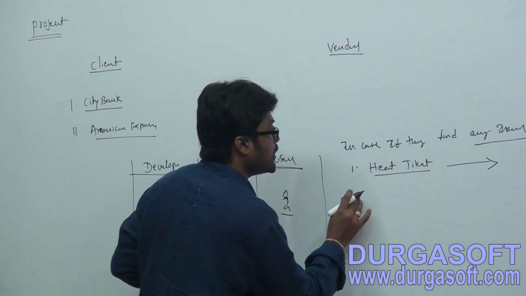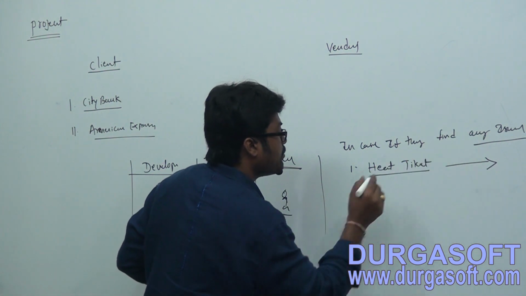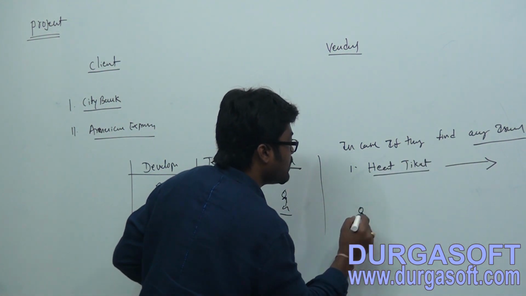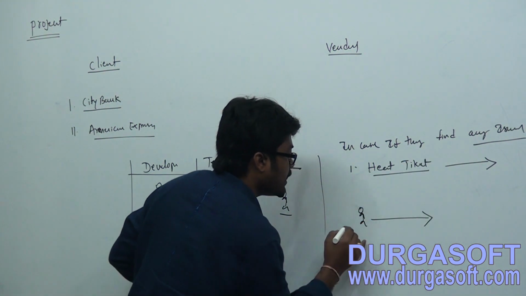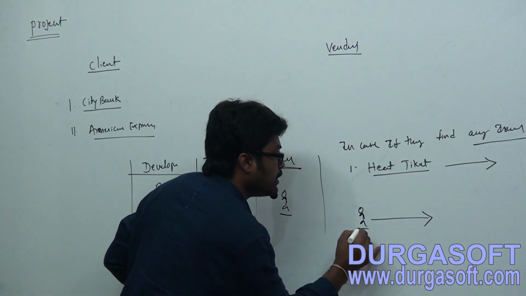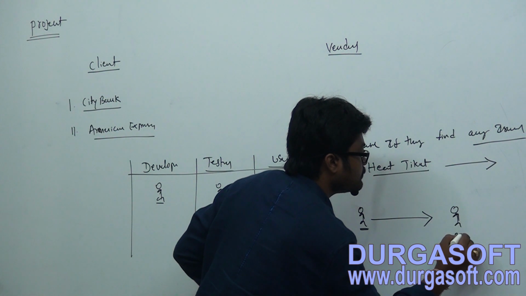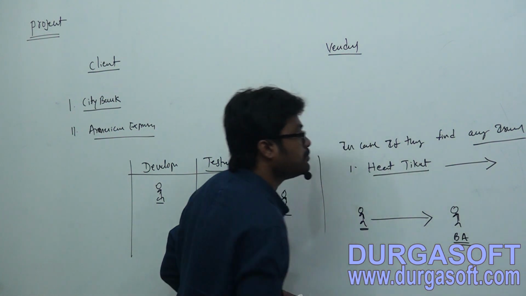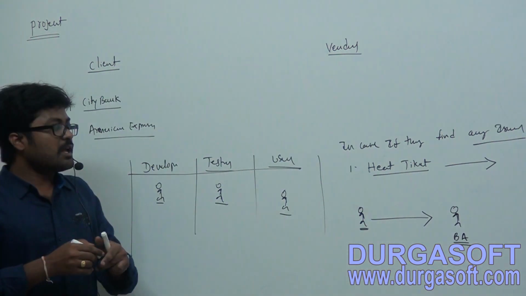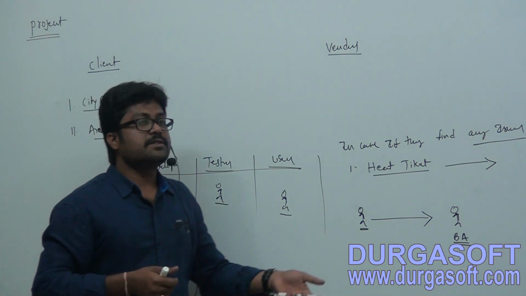That next level, here the team lead or manager, will inform the director or manager or team lead about this heat ticket. Those people will inform the business analyst, the BA. Then the business analyst needs to analyze the business again.